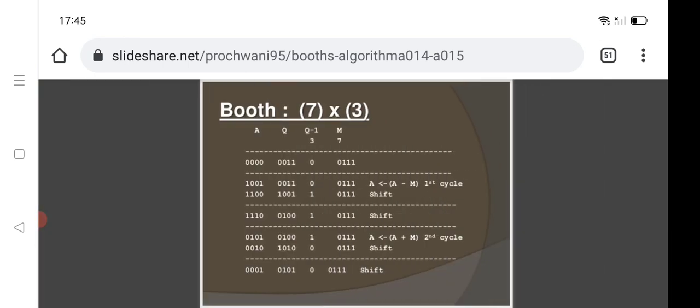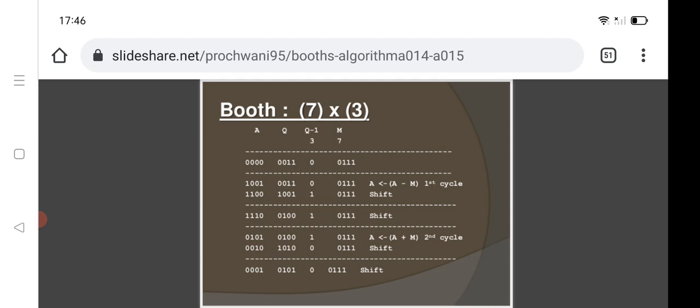When I shift my bits, I will get the A value as 1, 1, 1, 0, the Q value as 0, 1, 0, 0, and the Q minus 1 value as 1. The M value will remain as it is. Okay, so I am done with my second cycle. Now I need to decrement my count value. The count value becomes 2 from 3.